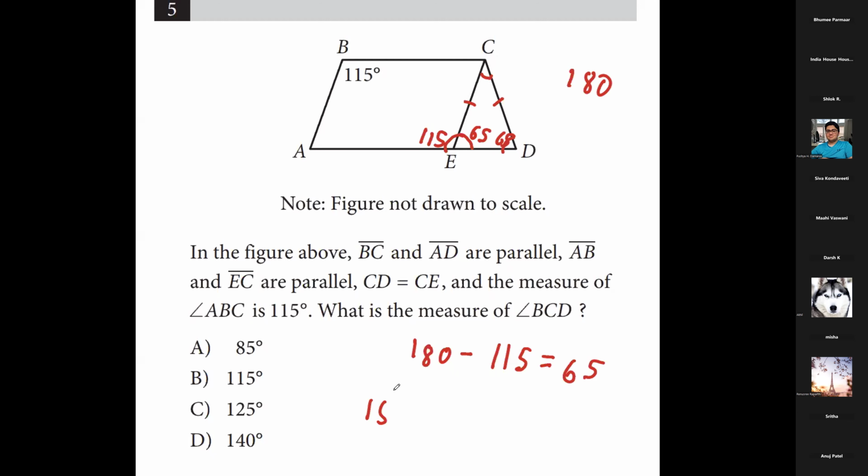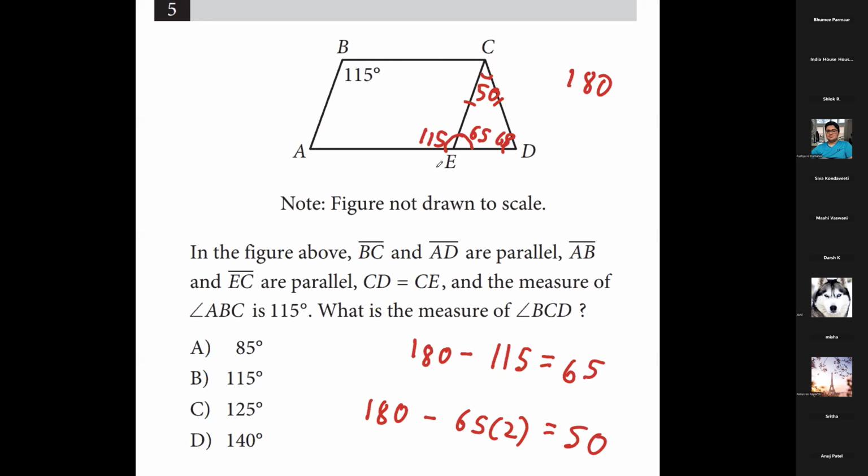So 180 minus 65 times 2, which is 180 minus 130, which would be 50. So this angle is 50.